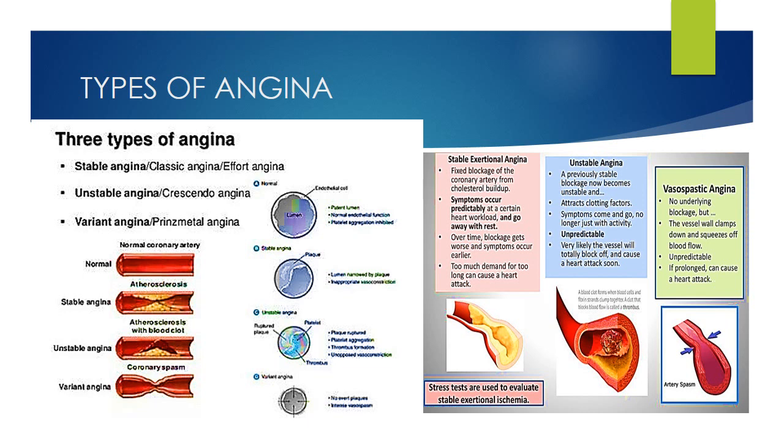So this picture also shows you the normal lumen. The first picture is of a normal coronary artery. The second picture, indicating stable angina, is where maybe the person has excessive atherosclerosis or coronary artery disease, and on top of that, maybe he has habits like not eating right, drinking, smoking, and alcohol.